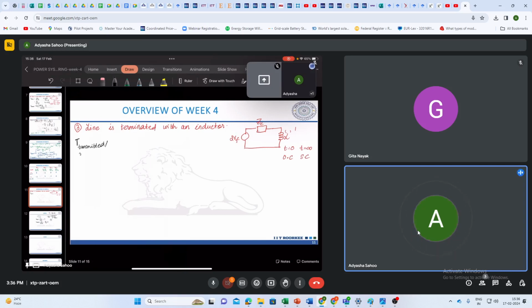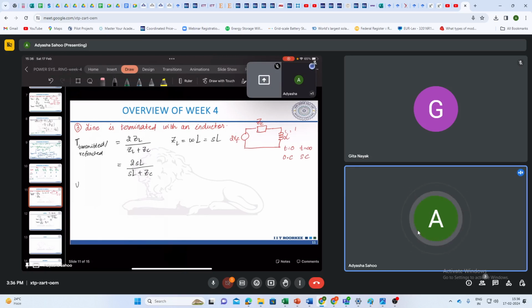It was 2Z_L divided by Z_L plus Z_C. So now in place of Z_L we have an inductor. The inductor is ωL, and in the S domain it is SL. So I replace Z_L with SL. So 2SL divided by SL plus Z_C.